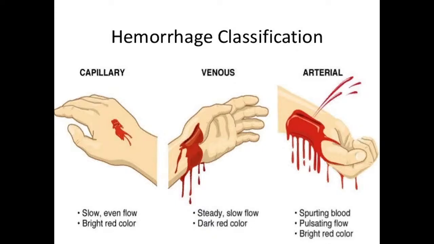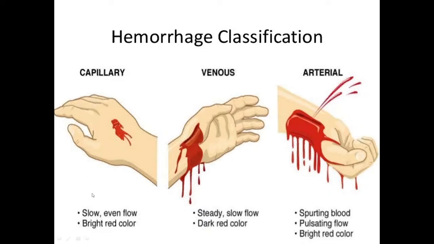If your patient has a large trauma, large injuries of the skin and subskin tissue, maybe venous bleeding, and the next type is arterial bleeding. And below you can see the features and the difference between these types of bleeding.